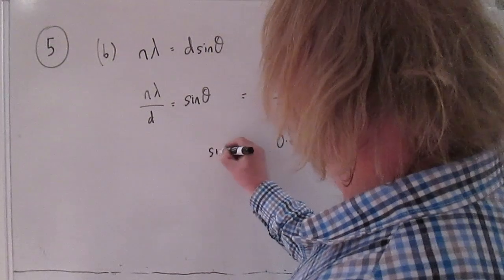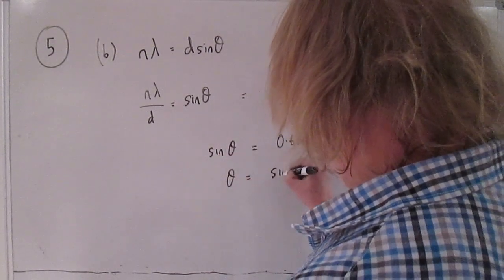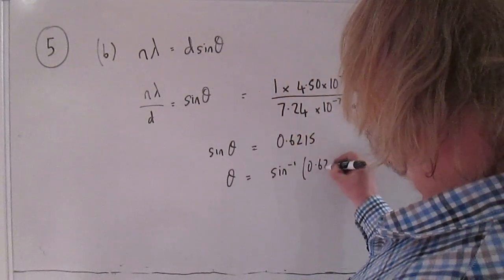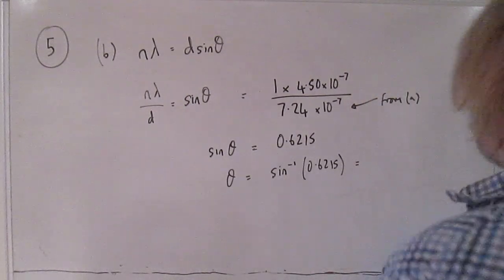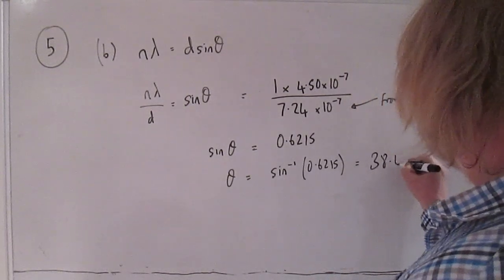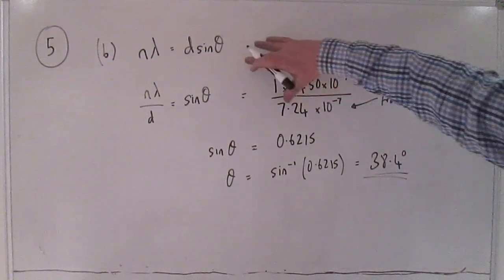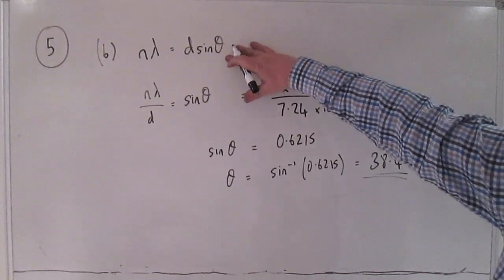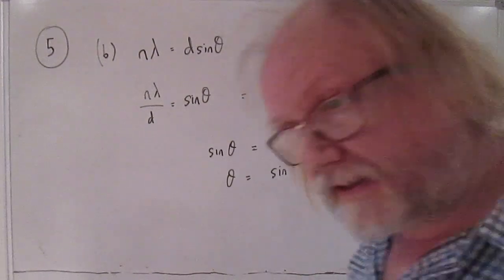Okay, so that's sine theta, and so theta is the inverse sine of 0.6215, which is 38.4 degrees. Okay, so a lot of this diffraction grating stuff just comes down to rearranging that expression and putting the numbers in, but being careful with the powers of 10 and stuff.